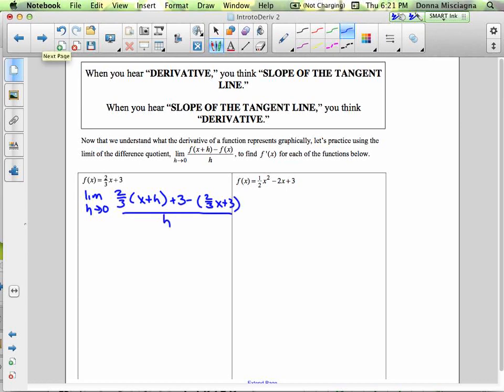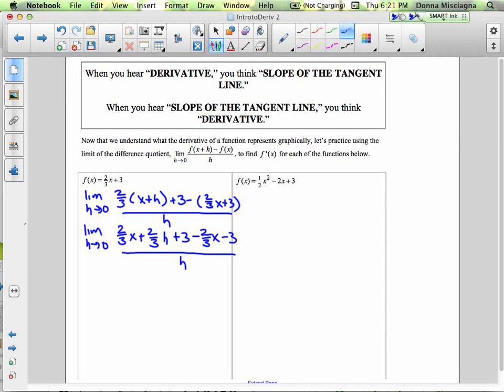Right, so that's going to be the limit as h approaches 0 of 2/3 x plus 2/3 h plus 3 minus 2/3 x minus 3, all over h.